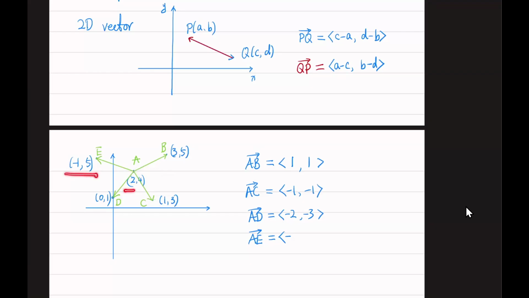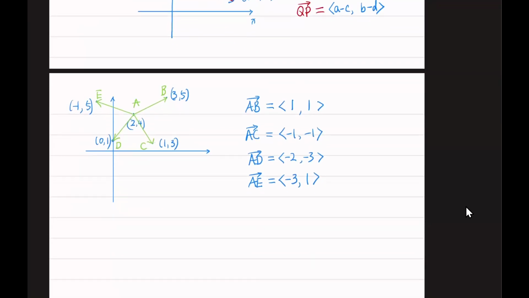Since it's A to E, isn't it the 5 minus the 4? That's the second coordinate, 5 minus 4 is 1. What's the first coordinate? -3, 1. -3 and then 1. Okay, so some vectors.